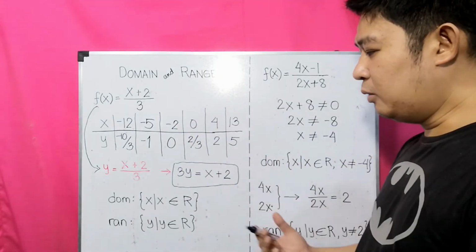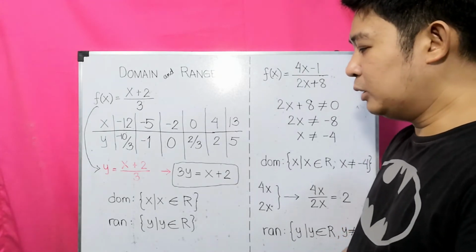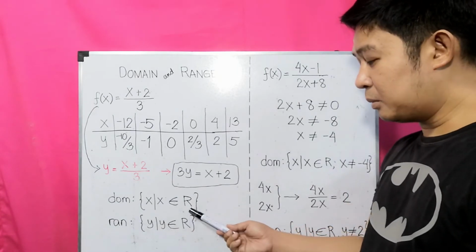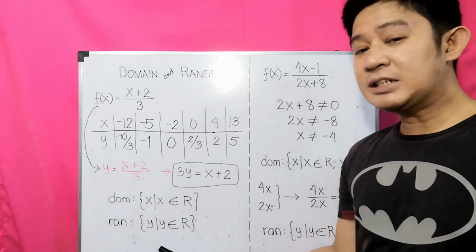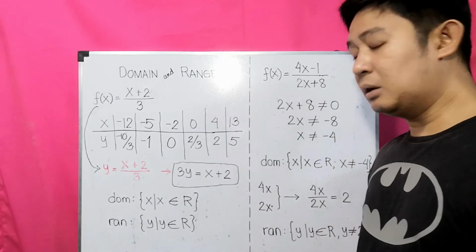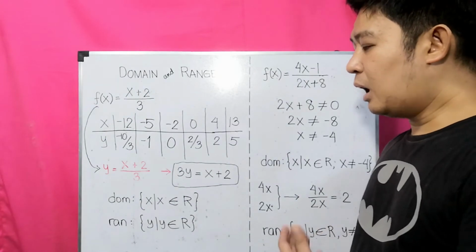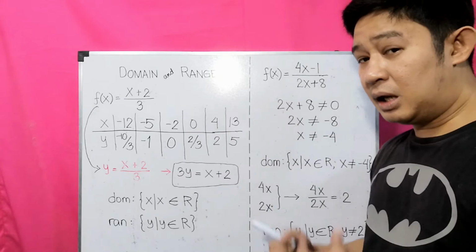So if our function is just like a linear function, our domain will be x such that x is any real number, and the same goes for our range, y such that y is any real number. And this table of values proves that our domain, the value for x, can be any real number.